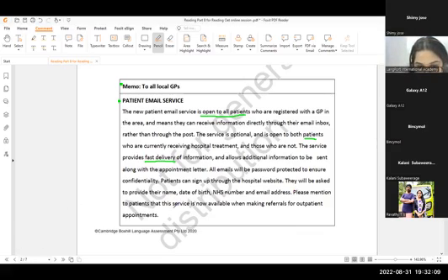Please mention to the patient that this service is now available when making a referral for outpatient appointments. So this whole service we are discussing is available for patients when they go for a referral for outpatient appointments.